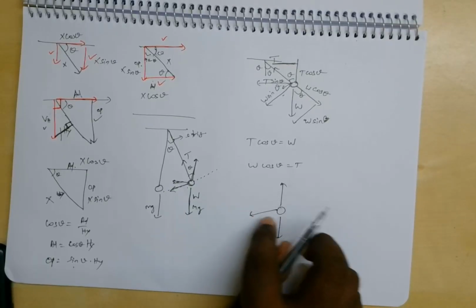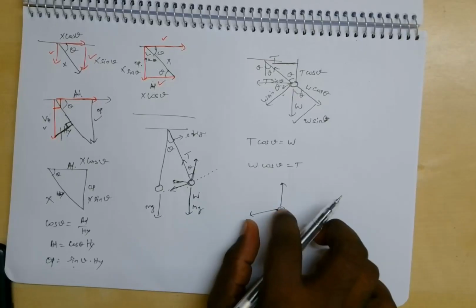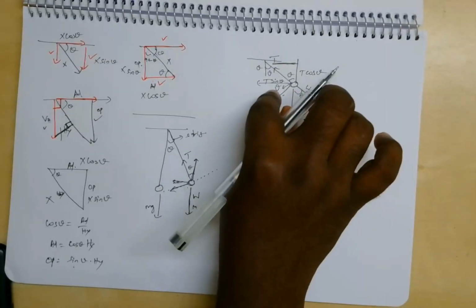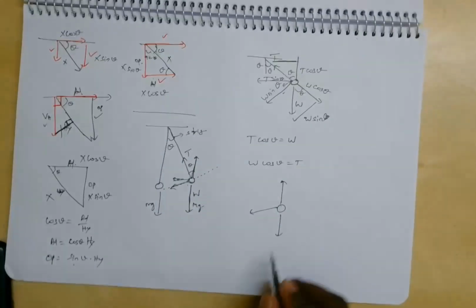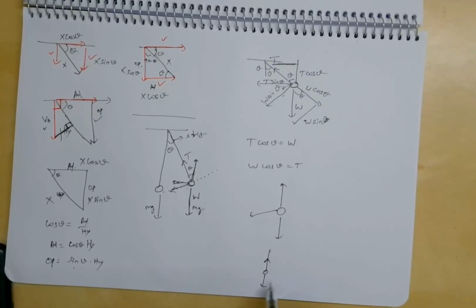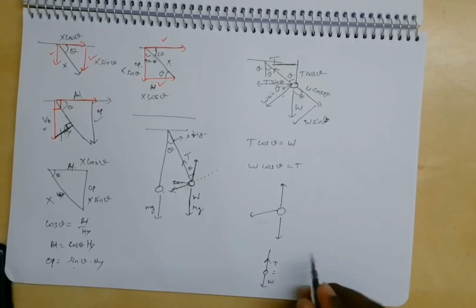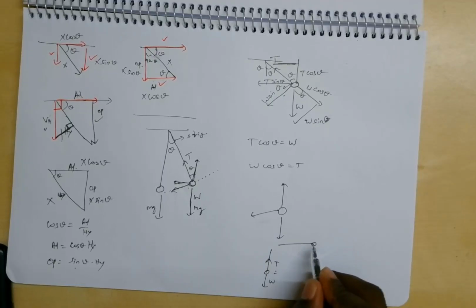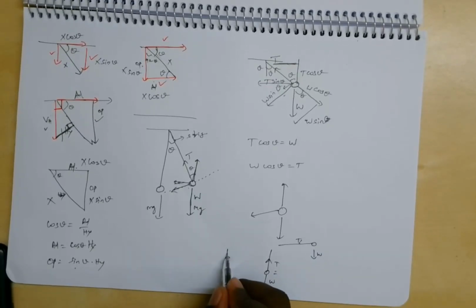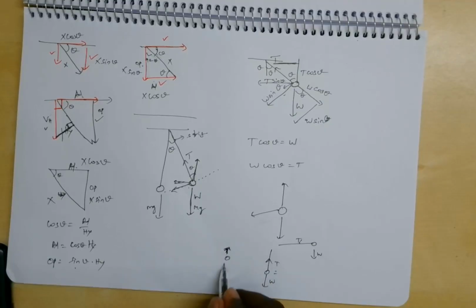But the beauty is this is not a constant part. This depends on angle. It will change. So if you take this position of the pendulum, T is exactly equal to W. If you take this component of the pendulum, no T, only W. If it's going here, this is where inertia will work, W will work.